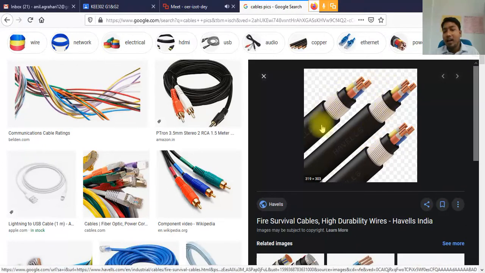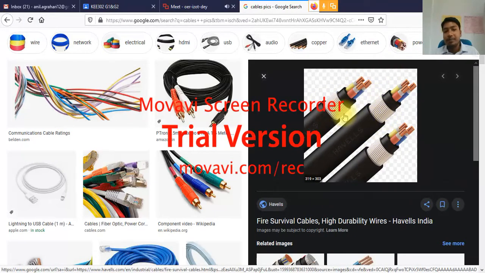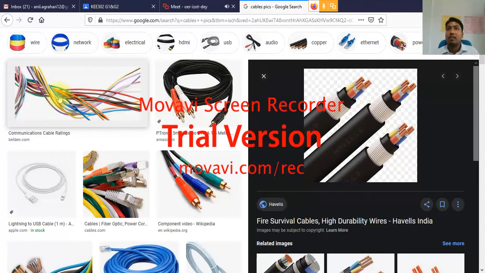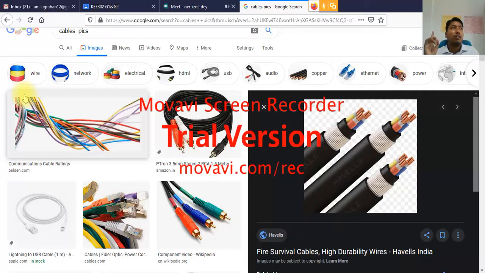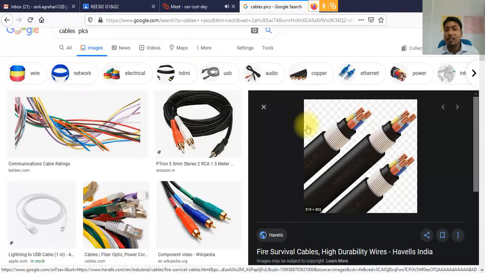So this is the symbolic representation of a cable, and this is a wire. I hope you have seen them in your home. The material we use for the fan connection, the bulb connection, or any electrical gadget connection, those are wires, and this is a cable which is used to transfer electrical power.